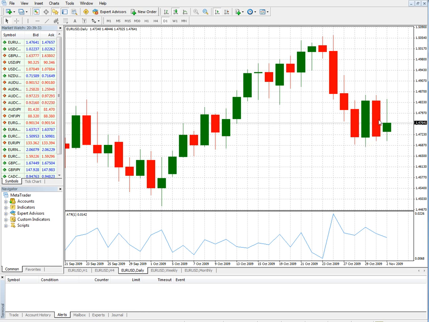So this bar right here in particular would be an inside bar. And this bar today on my chart is looking like an inside bar so far, but the day's not over yet, so it can go either way.